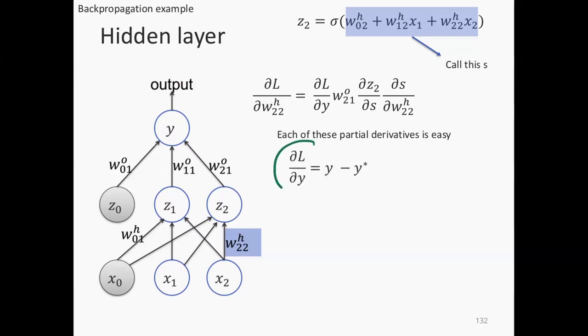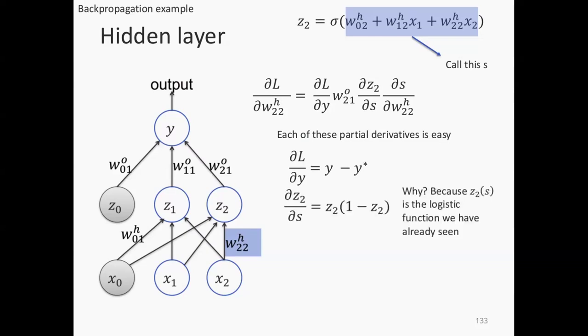So the partial derivative of L with respect to y is, because it's regression and we use the squared loss, y minus y star, where y star is the ground truth. The partial derivative of z2, which is this node, with respect to the sigmoid, is simply the value of z2 times the value of 1 minus z2. The partial derivative of the sigmoid, this quantity here, with respect to the weight is just x2 because it's a linear function.